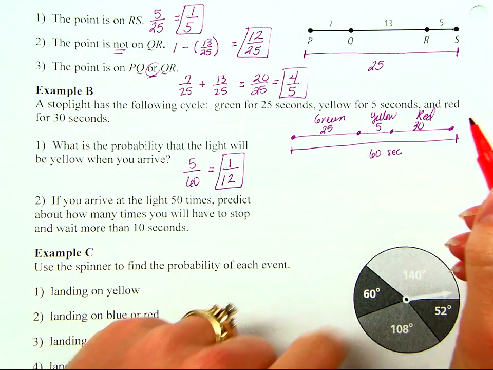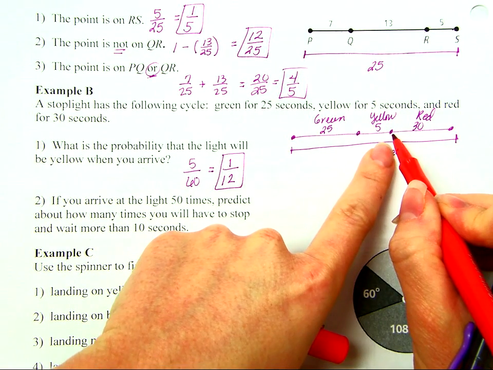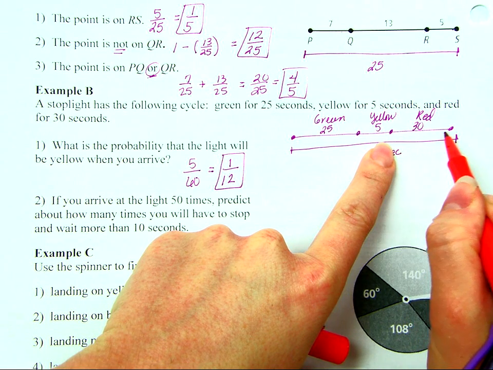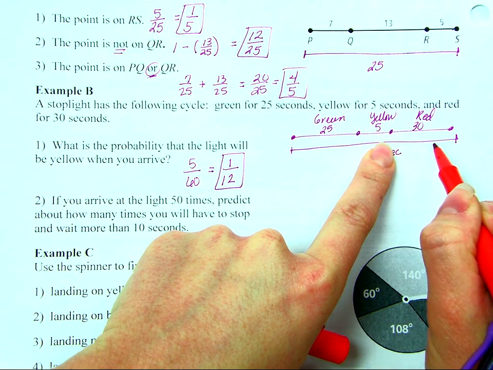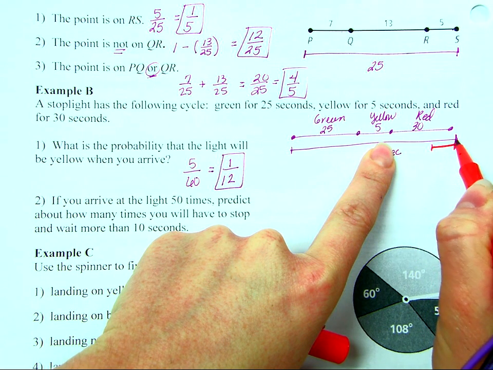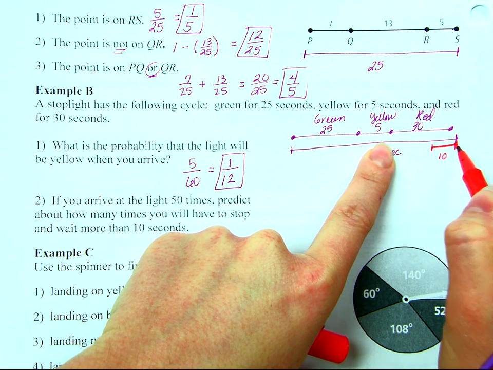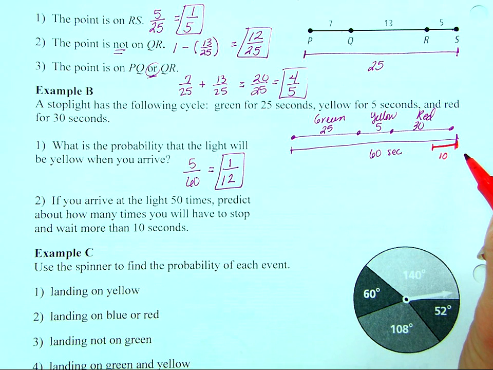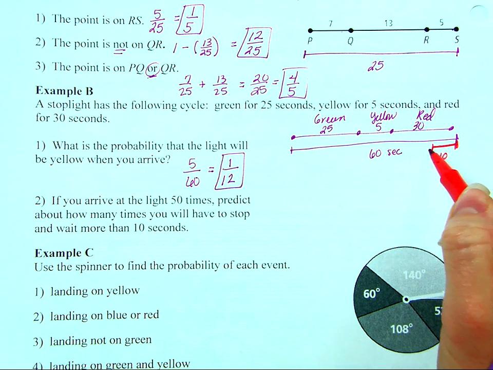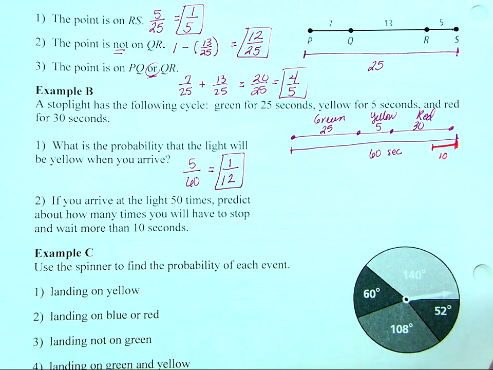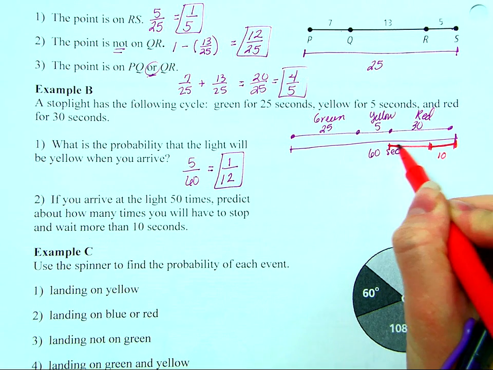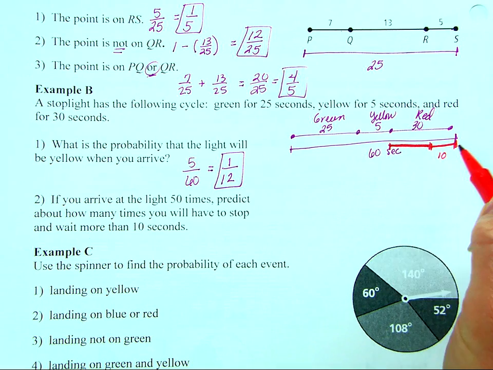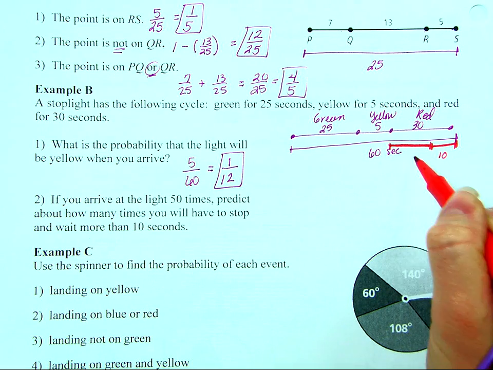So if I think about this as my 30-second cycle here, and it's about to turn green, in this portion, the last 10 seconds, if I arrive here, would you agree that I'm not going to wait more than 10 seconds? If I arrive in the last 10 seconds, I'm not going to have to wait. But if I arrive in this portion of the light cycle, I am going to have to wait more than 10 seconds.